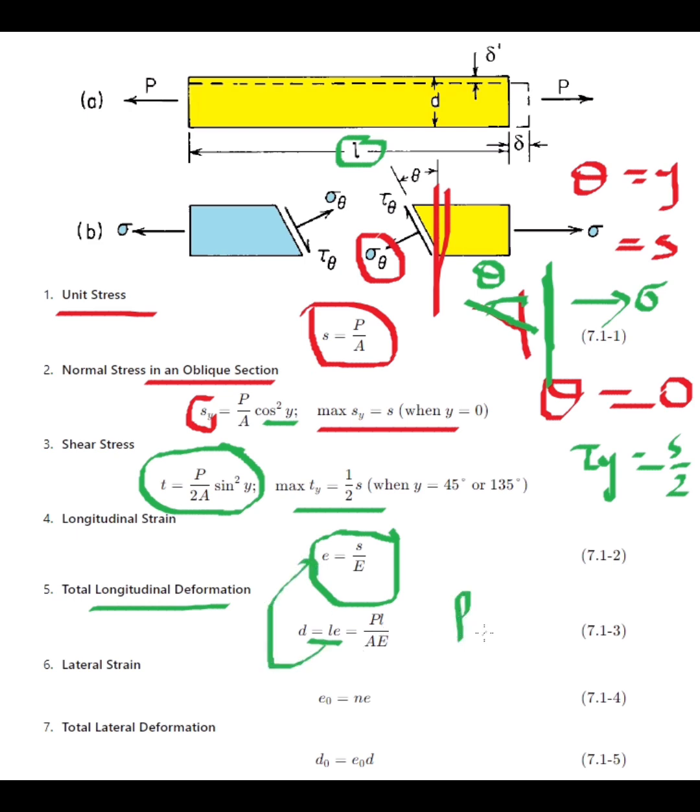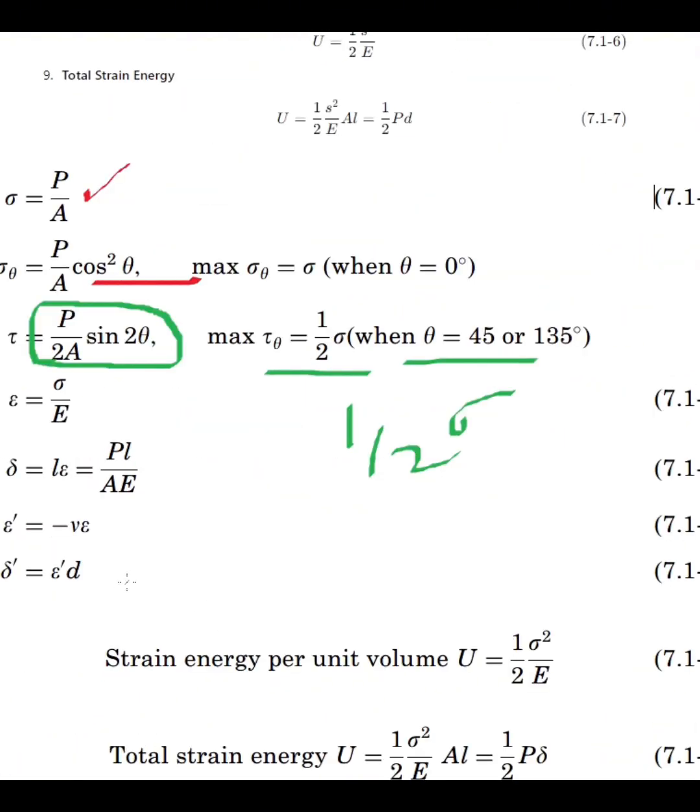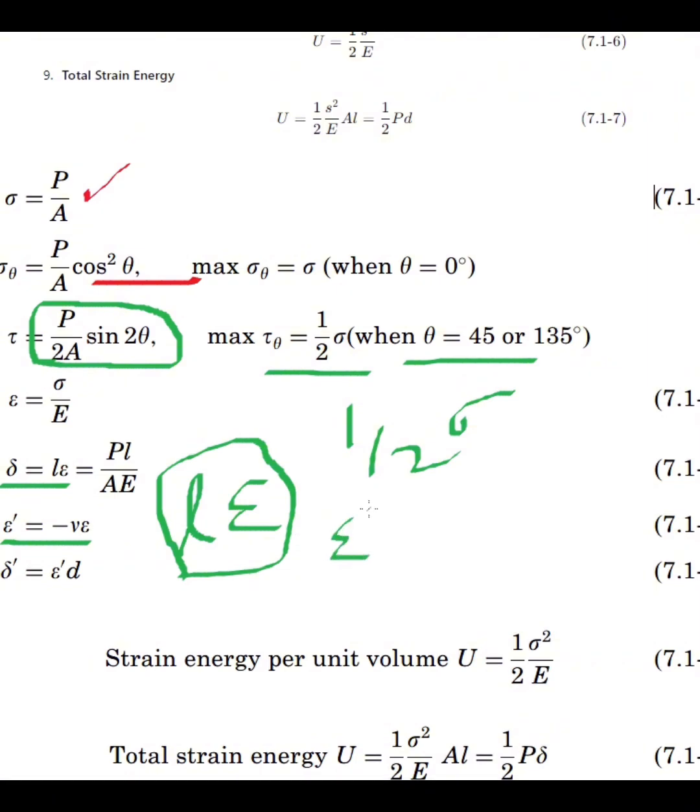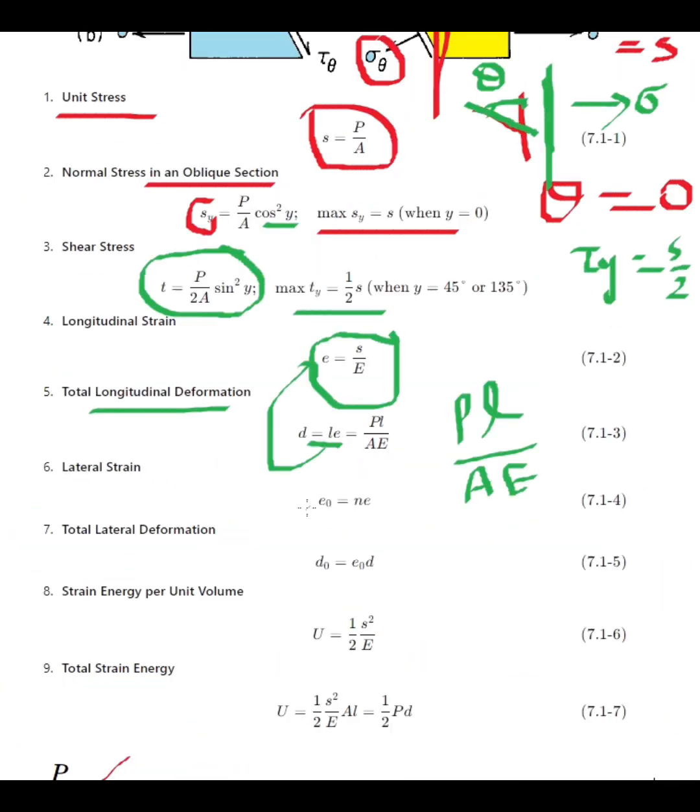Longitudinal deformation is original length into strain, and transverse strain is minus Poisson ratio into longitudinal strain.